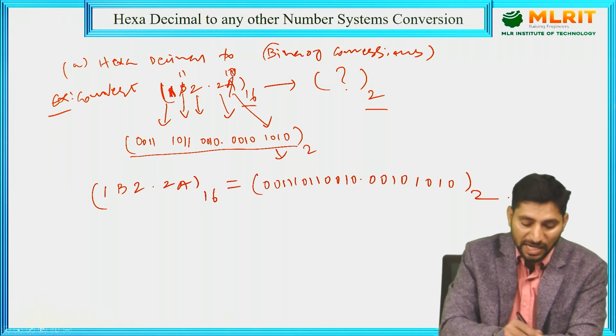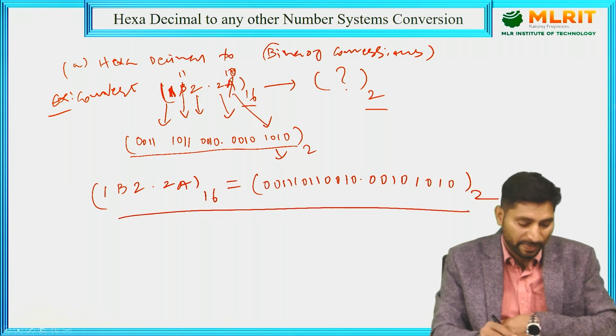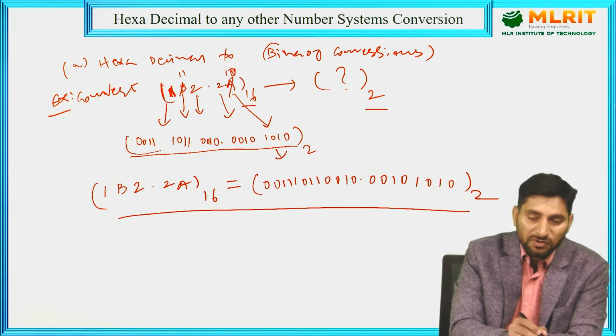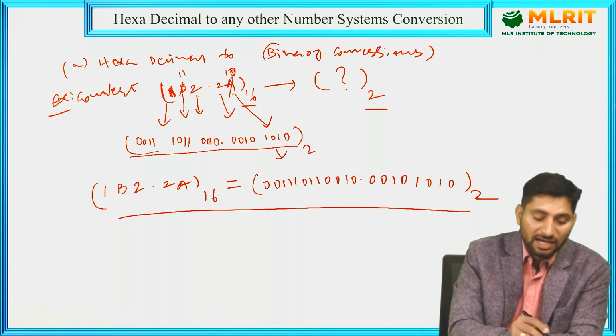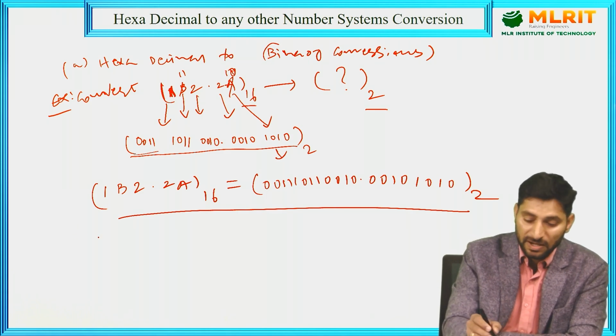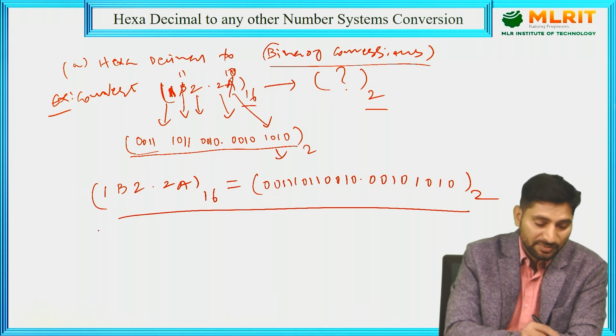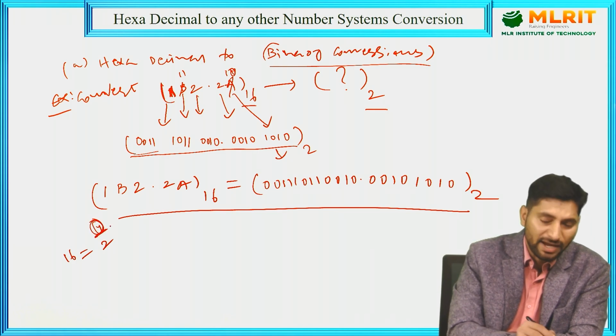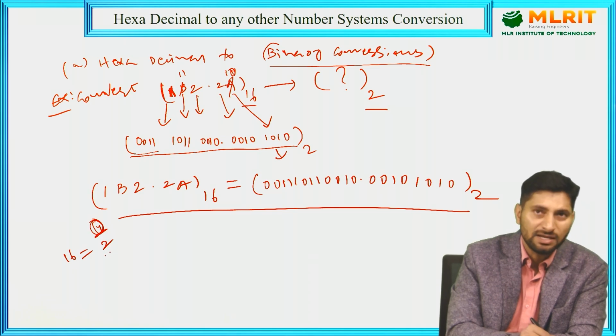This is the binary quantity. Why do I need to make 4-bit equivalents while converting hexadecimal to binary? Because the hexadecimal base 16 can be written as 2 power 4. So I need to make 4-bit equivalents in binary.